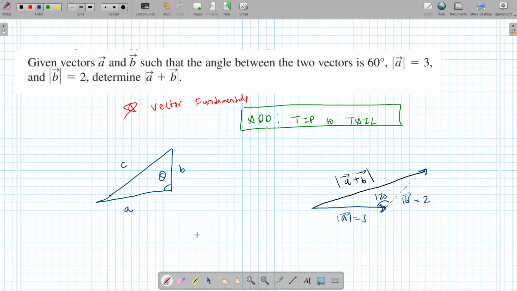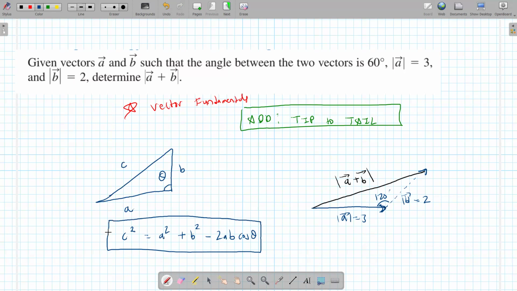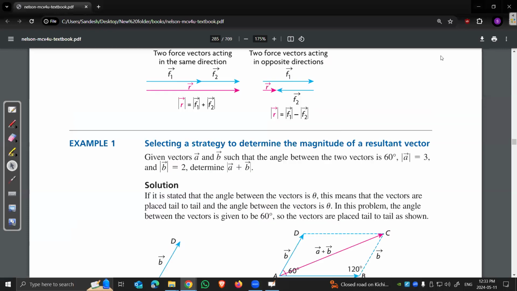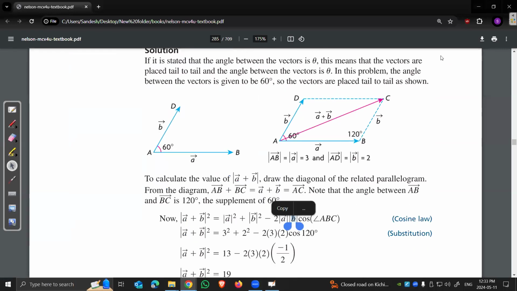This is what the cosine law says. C squared, the side opposite that angle, equals a squared plus b squared minus 2ab cosine of theta. There has to be a cosine somewhere because it's the cosine law. So that is the equation. Let me double check that. 2ab, yeah, 2ab.